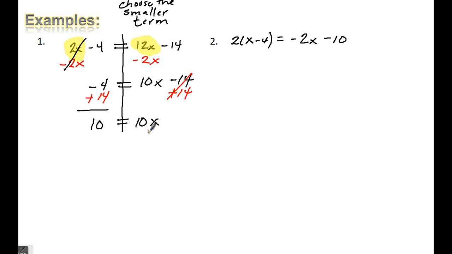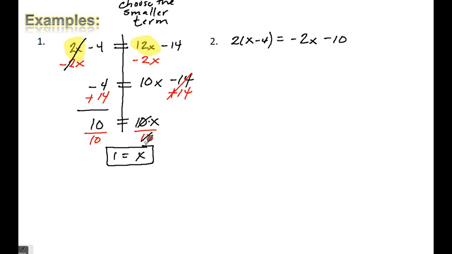Our final step is, you have 10 times x, therefore if it's multiplying, the opposite would be to divide. So we're going to divide both sides by 10, and that's going to cancel the 10s out, leave us with an x, and then 10 over 10 is going to give us a value of 1. Therefore x is going to equal 1.